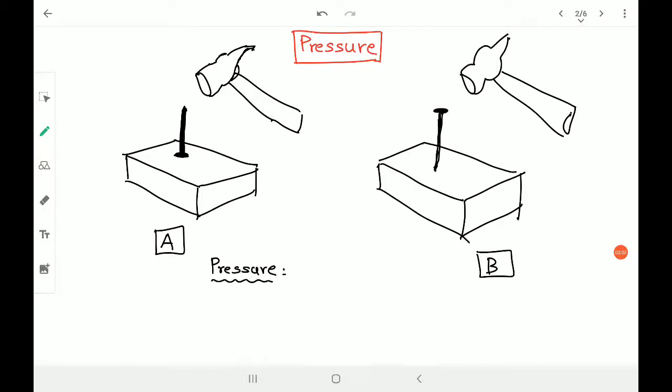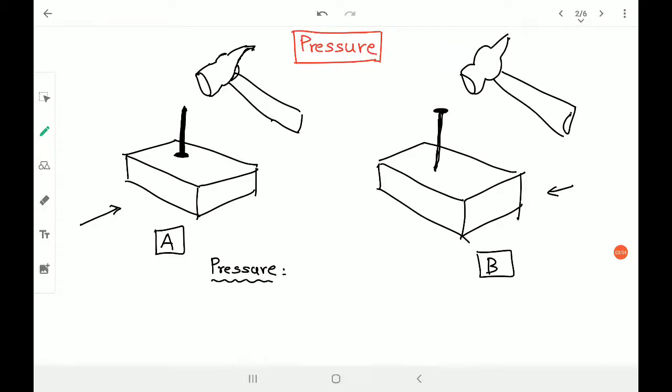It's very clear. B gets nailed inside the wooden block, right? This one is not going to get nailed inside. Why so? Even though we apply an equal amount of force in both cases, the effect is not the same.